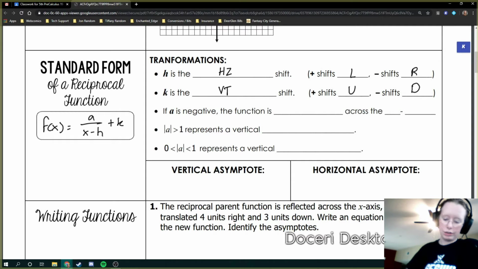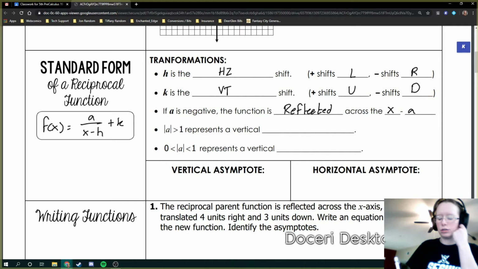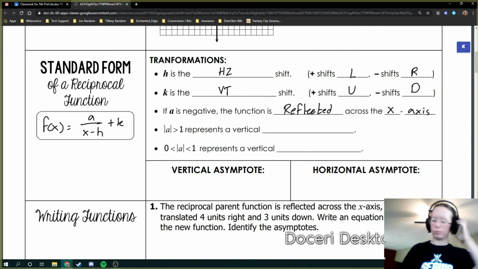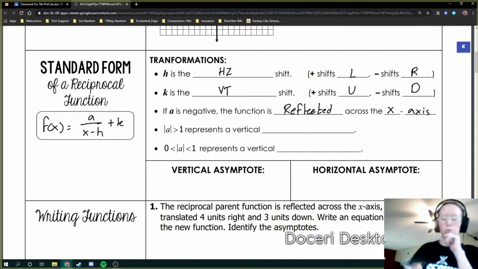If your A value is negative, then it is reflected across the x-axis. Okay. If A is greater than 1, that is a vertical stretch.